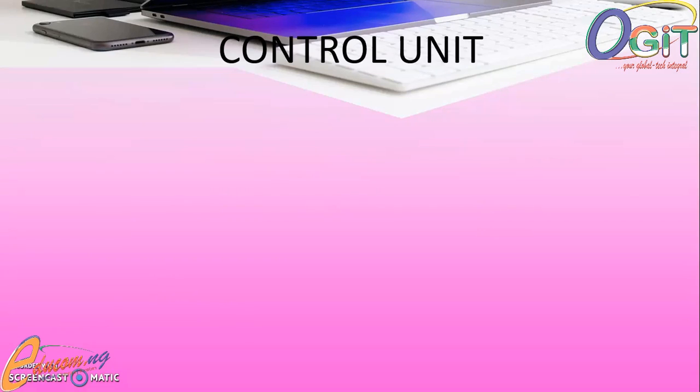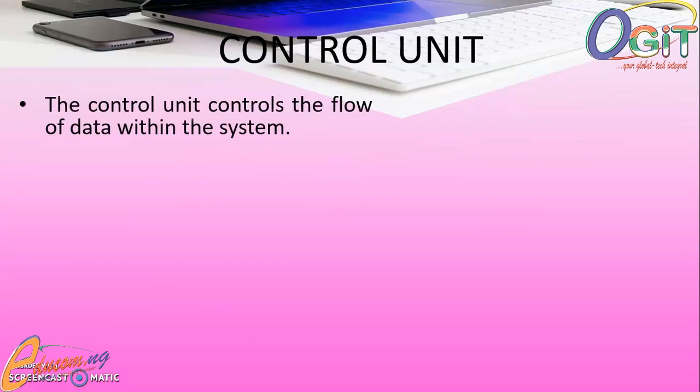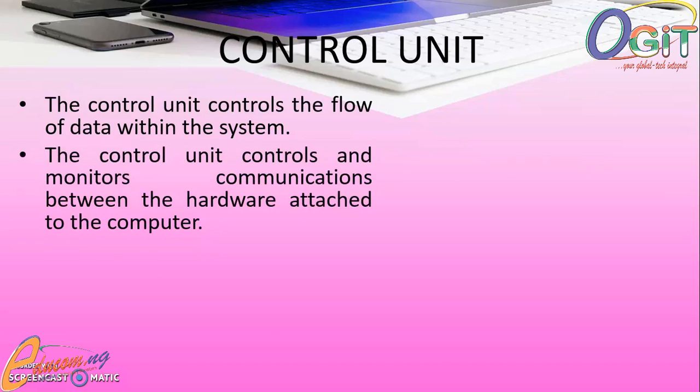Now let's discuss the control unit. The control unit controls the flow of data within the system. Yes, data actually follows a path within the system, and this control unit, just as the name implies, controls the flow of this data within the system. It controls and monitors communications between the hardware attached to the computer.